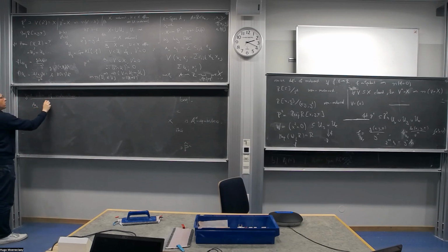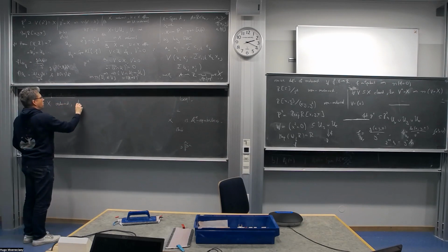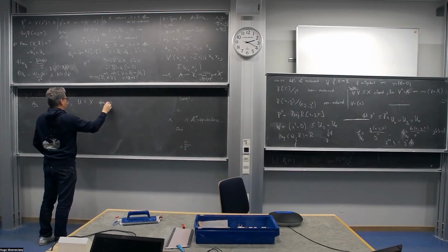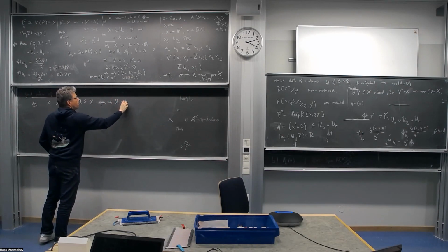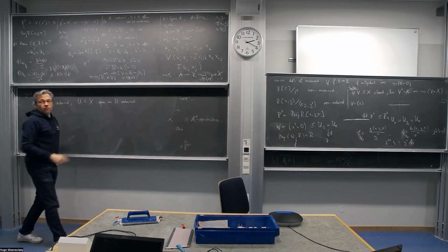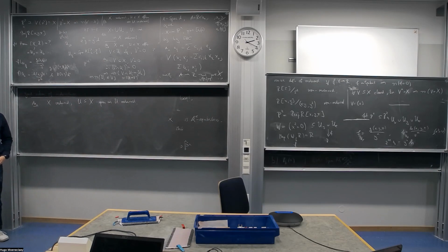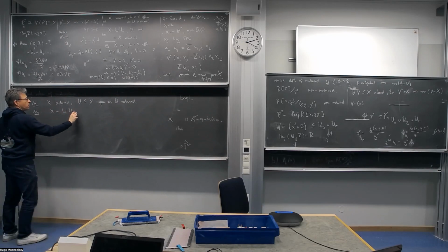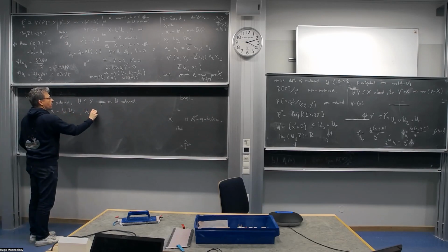So one is whenever X is reduced and U in X is open, then U is reduced as well. So open subschemes should inherit it. And the second property, X is covered by reduced.